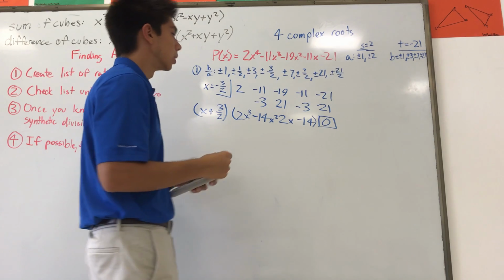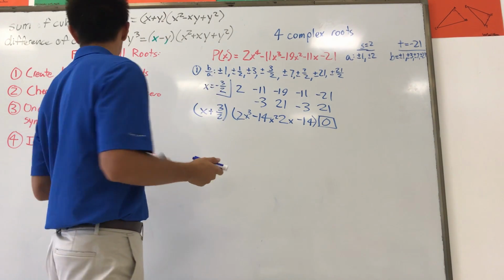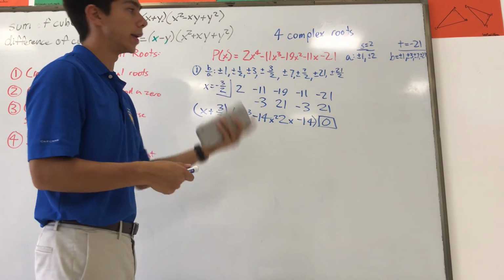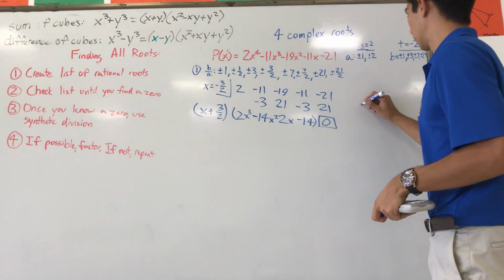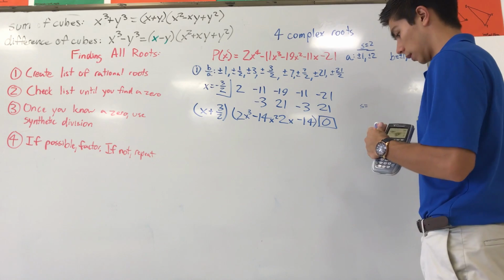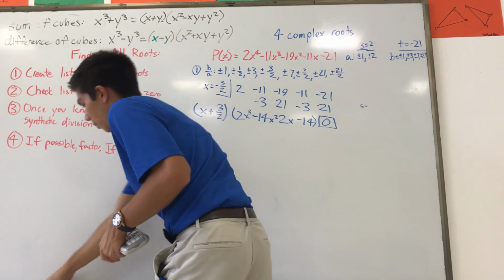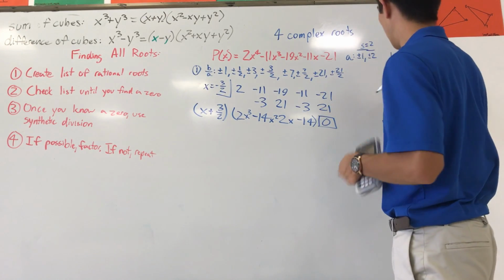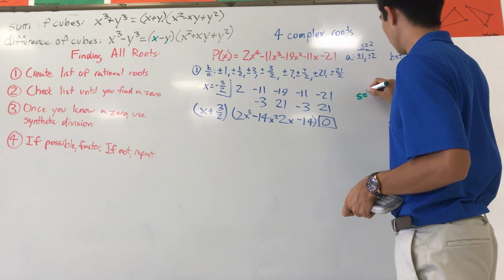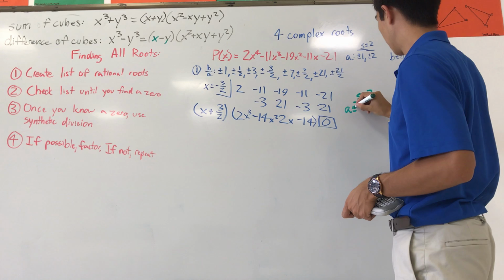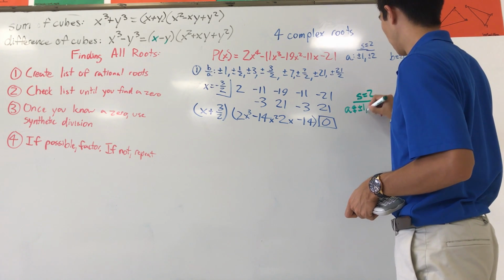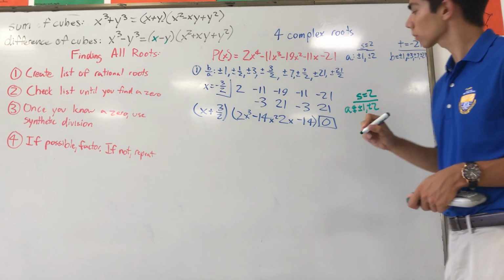So I'm going to keep on using my list of possible rational roots. I'm going to redo the same process that I did over here. Let's use a different color. Now my s equals 2 still, so the possible factors of that are still plus or minus 1 and plus or minus 2.